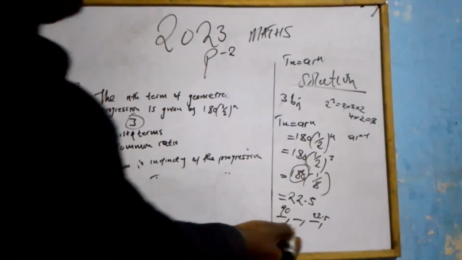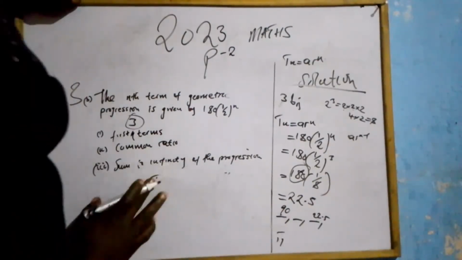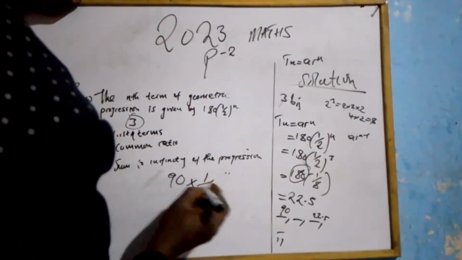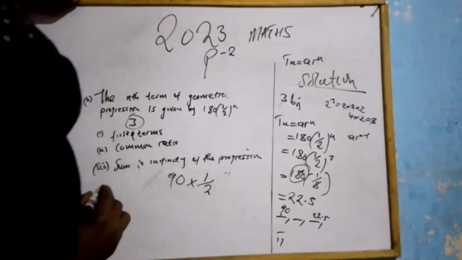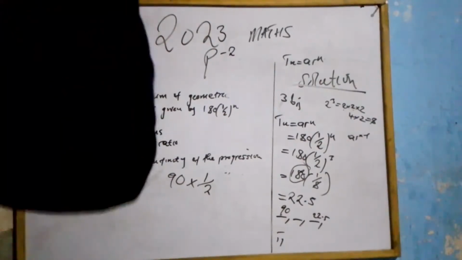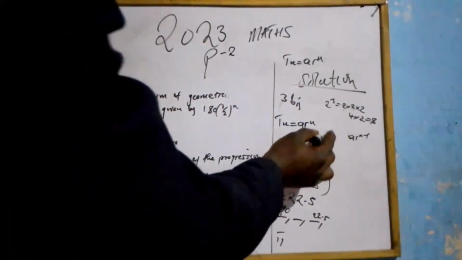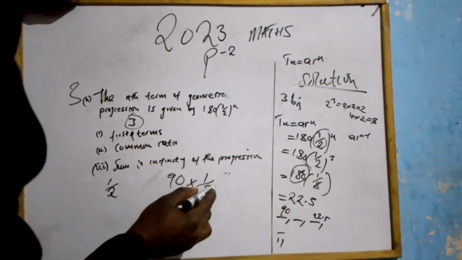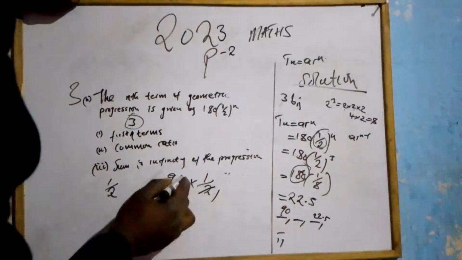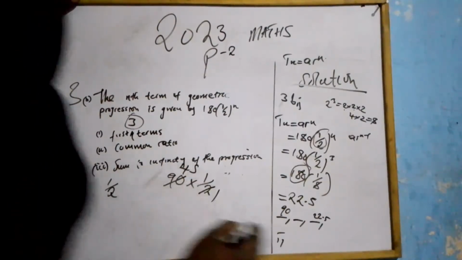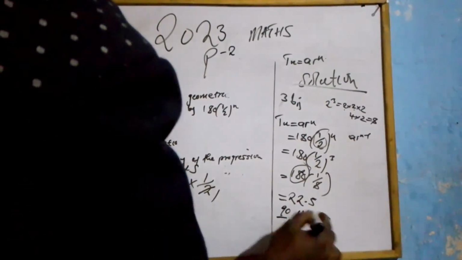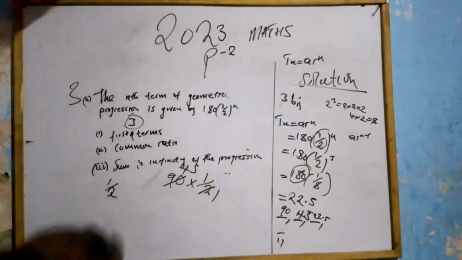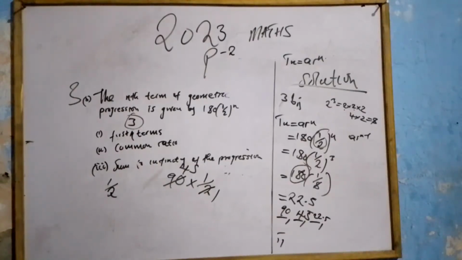So how can we find this second term? We can say 90 times half, because our common ratio is 1/2. From this formula which we have, this is our common ratio, and it will be equal to 45. So these are the first three terms which they were asking for.